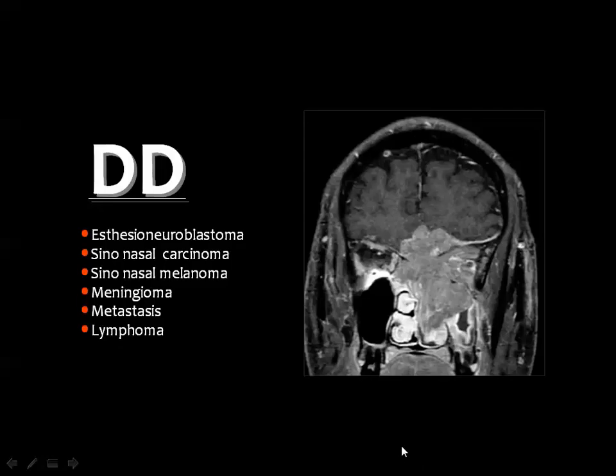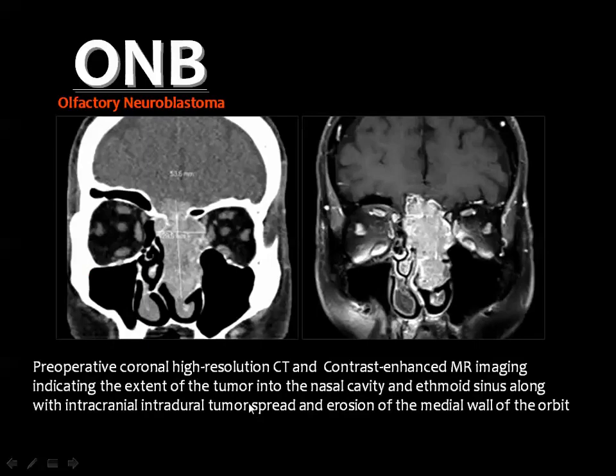The differential diagnosis of olfactory neuroblastoma will include sinonasal carcinoma, metastasis, and lymphoma. You may include sometimes melanoma and meningioma and also granulomatous disease.